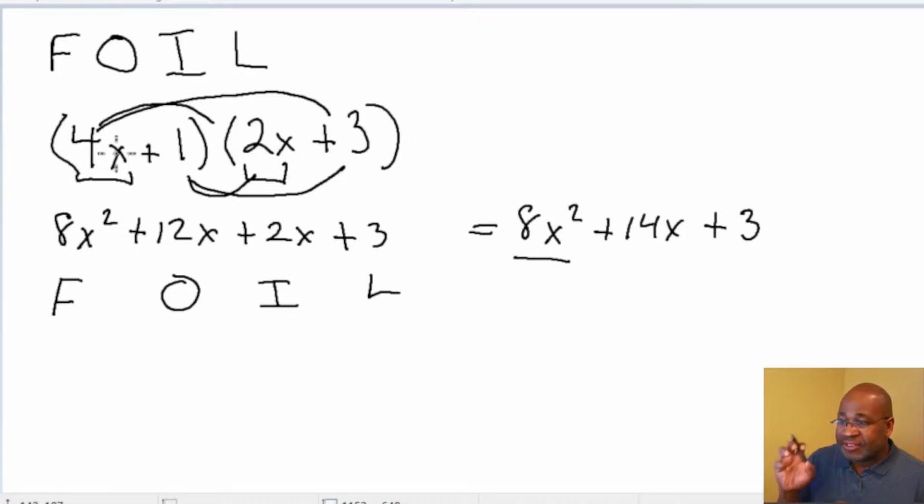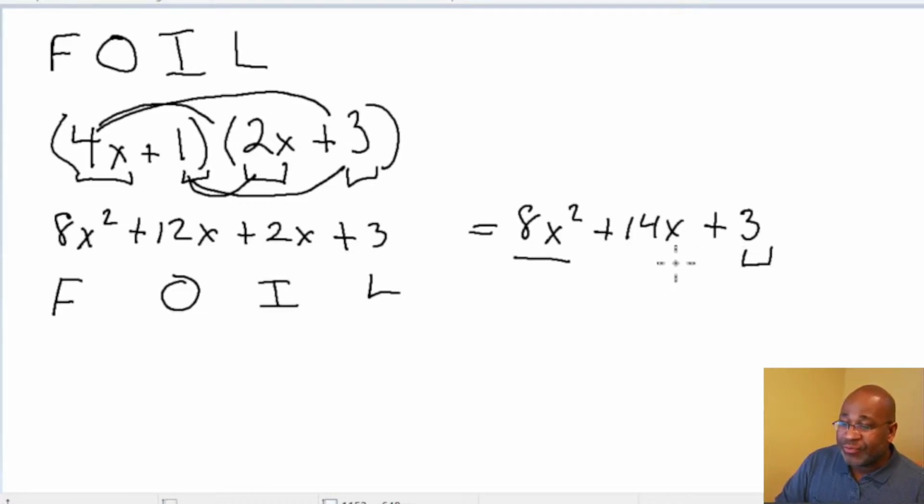So that tells us that the first term of each of the binomials in the factored form has to multiply to give us the first term, or the squared term, in the trinomial. The last term, the constant term 3, came from multiplying the last terms in the two binomials, 1 times 3. So that lets us know that the last term in the trinomial is going to come from multiplying the last terms in the two binomials in the factored form.